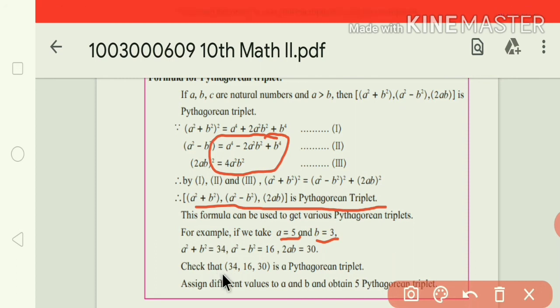Then check that 34, 16 and 30 is a Pythagorean triplet. Now here 34 is the bigger value and 16 and 30 are the smaller values.